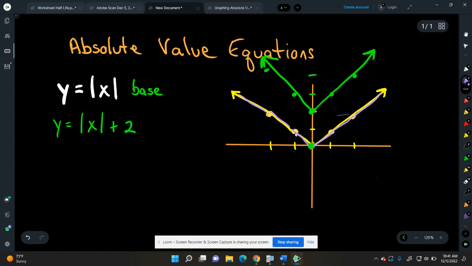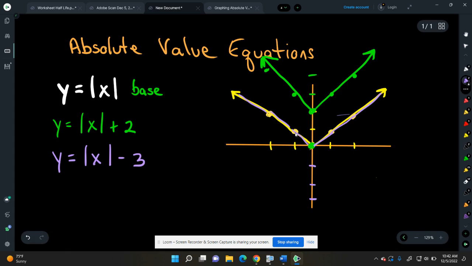For what we're doing right now, that's always going to be the case. So when you sketch it, each line should have a slope of 1 or -1. Okay. So what do you think y equals the absolute value of x minus 3 will look like? Goes down 3. Yeah, just goes down 3.